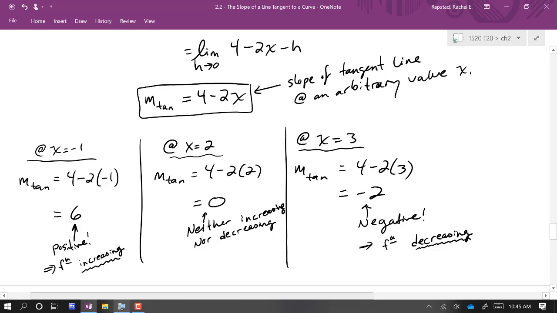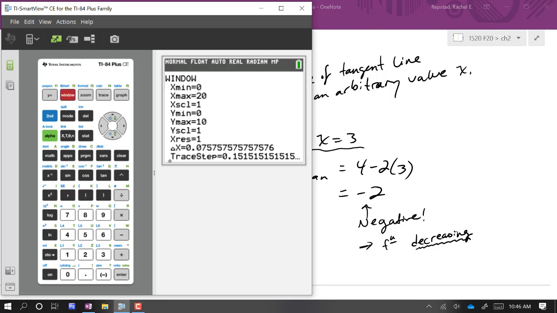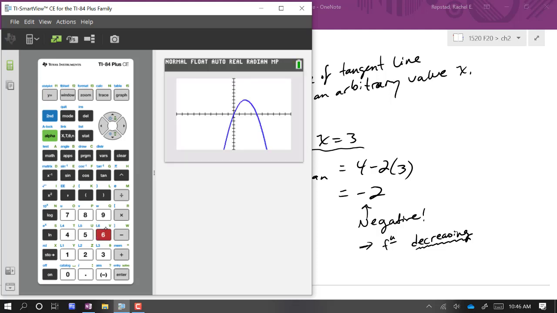I'm going to throw the original function into the calculator to look at the graph. The original function is 4x minus x squared. And let's see, my window's a little bit wonky here. I'm going to just go to the standard window, -10 to 10.